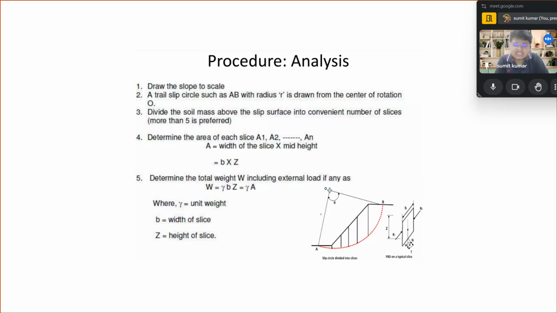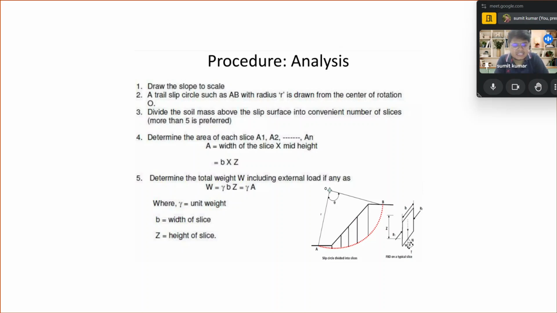Depending on that, the width of the slice is taken, and then determine the area of each slice and name them A1, A2, A3, A4, A5 and so on. The area for each slice is calculated as the width of the slice which we have fixed, times the mid-height.